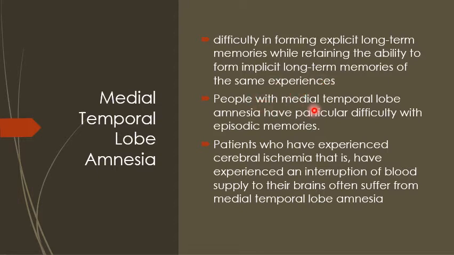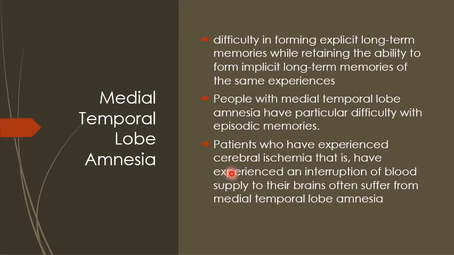People with medial temporal lobe amnesia have particular difficulty with episodic memory. Episodic memories are also called autobiographical memories. So when you are asked to narrate your life, what happened, where were you, what was the event, and so on, HM has difficulty with that. Patients who have experienced cerebral ischemia, that is, an interruption of blood supply to their brains, often suffer from damage to the medial temporal lobe.